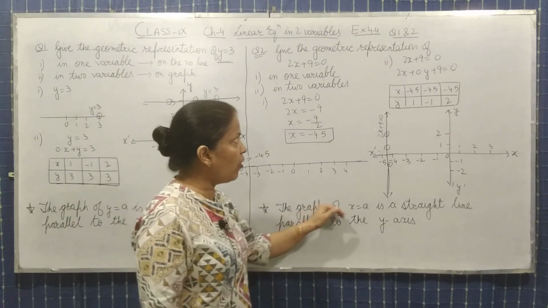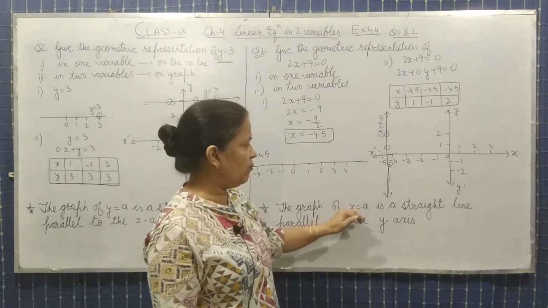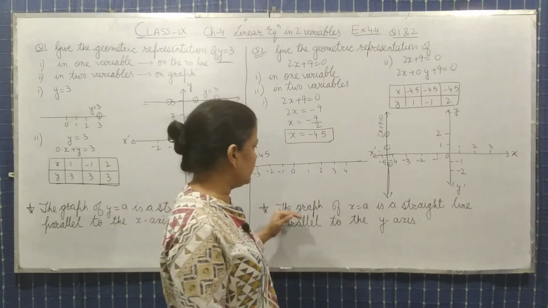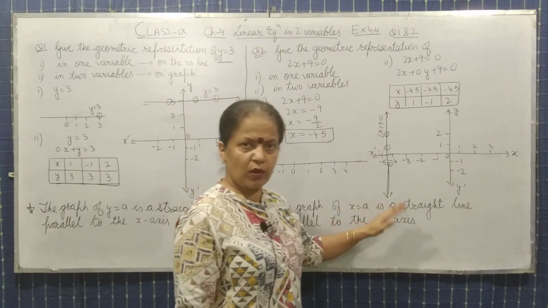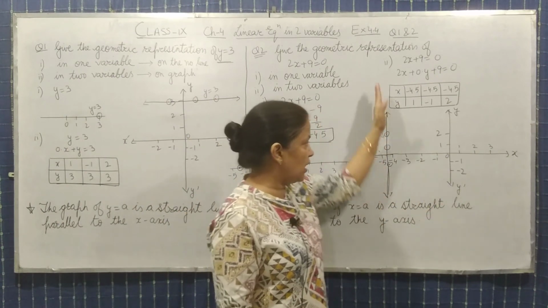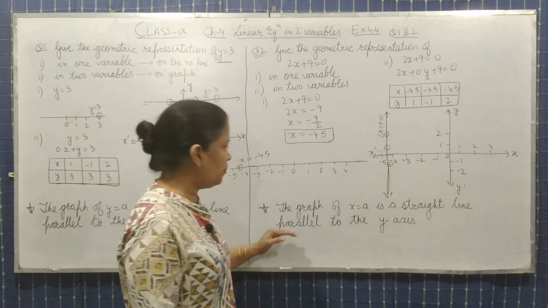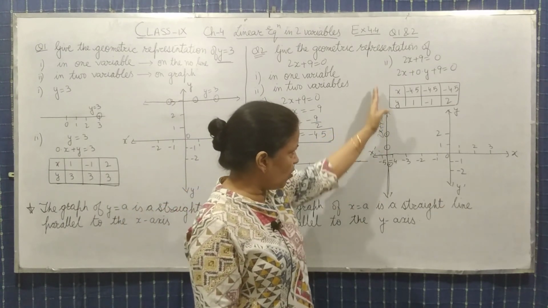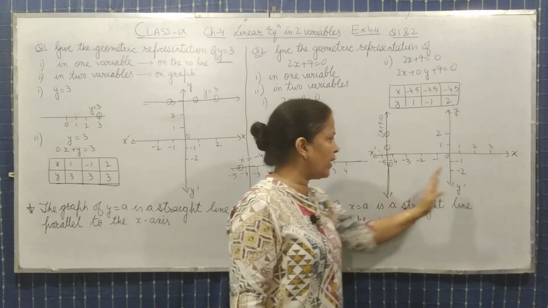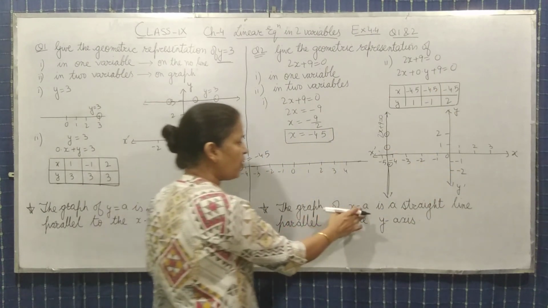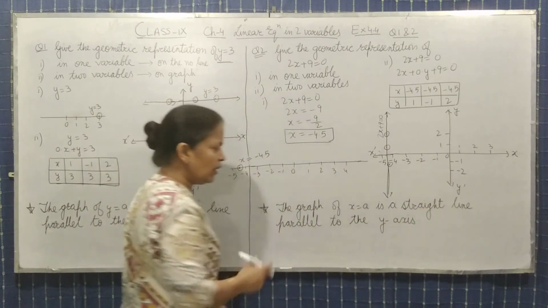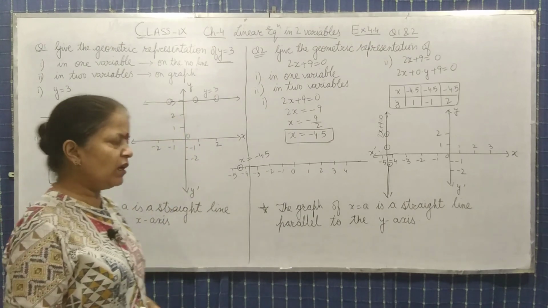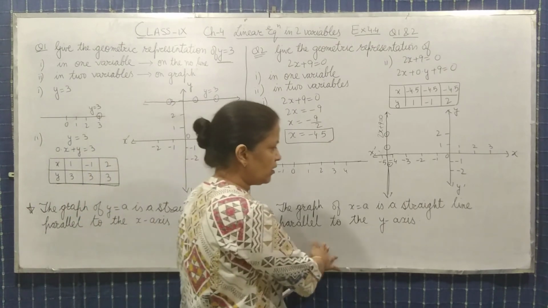The graph of x equal a, where a is any value, is a straight line parallel to the y-axis.